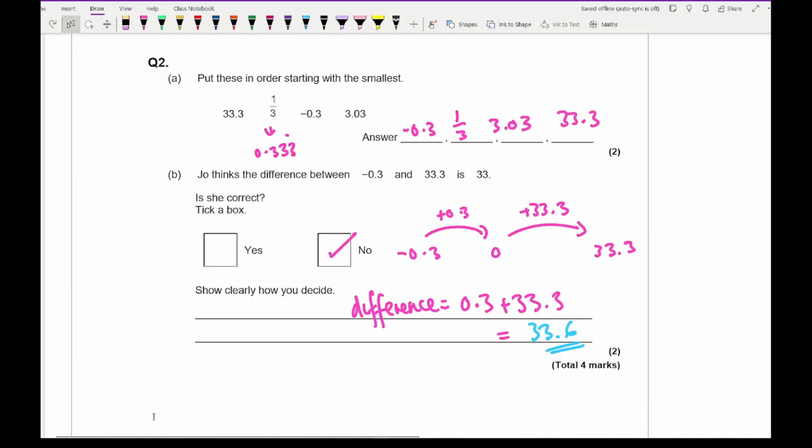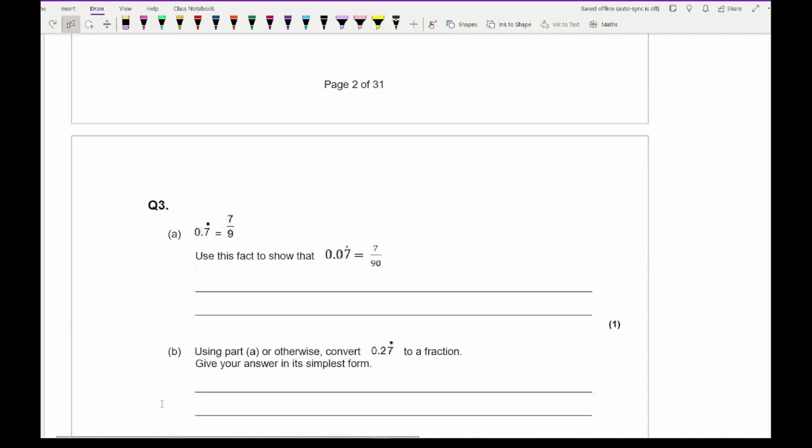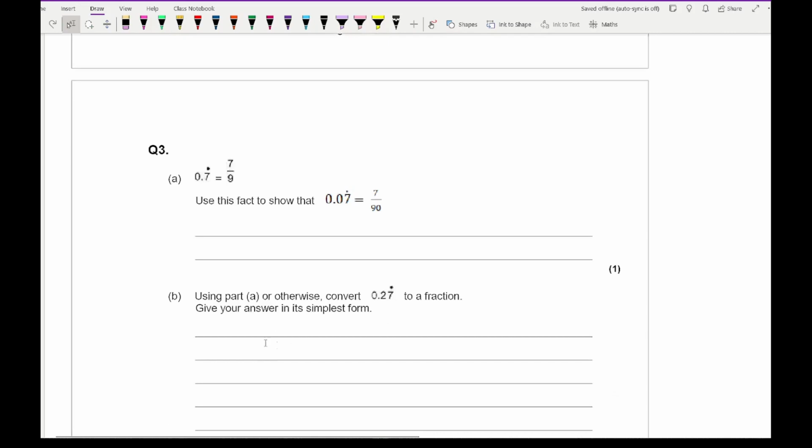And there we go. Then moving on to question 3, it says that if 0.7 recurring is 7/9, use this fact to show that 0.07 recurring equals 7/90. Again, a couple of ways in which you can do this. One way is recognizing that 0.7 divided by 10 is 0.07 recurring.